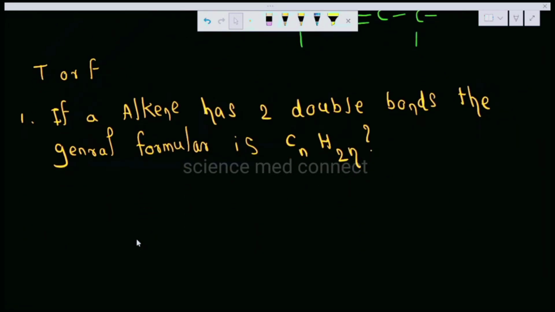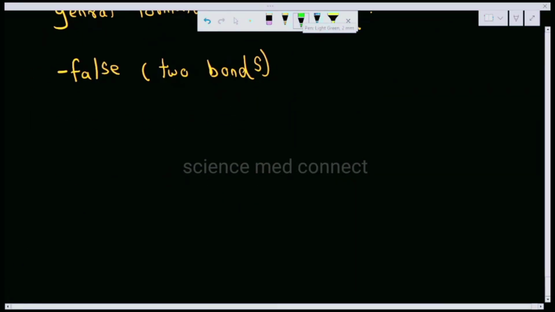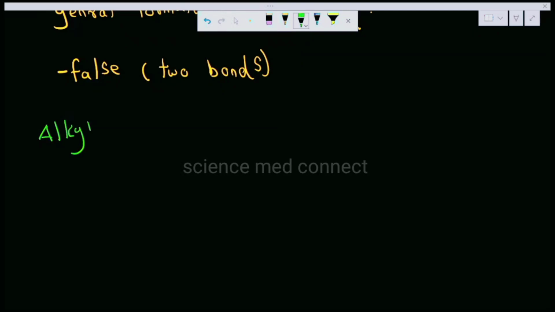You know the answer is false. Only if there is one double bond, then the general formula can be equal to CnH2n.